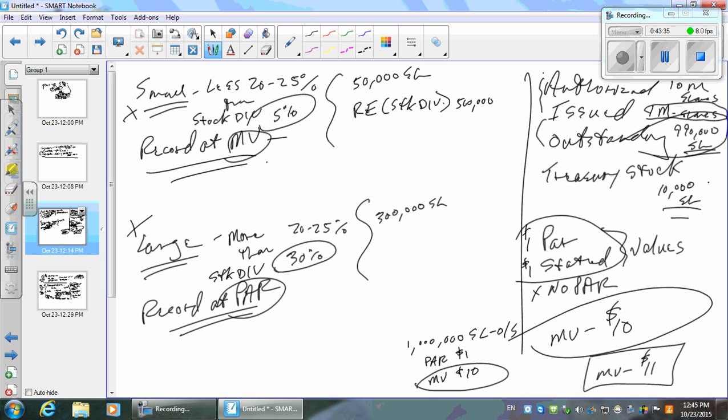What am I going to credit? Common stock for how much? Not 500,000. Only 50,000, because you always record it at par. When you're issuing it, you record it at par, right? If somebody was buying it with cash or equipment or something, a new shareholder. Well, we record at par if we're doing a stock dividend too. Got it? So this would only be 50,000.